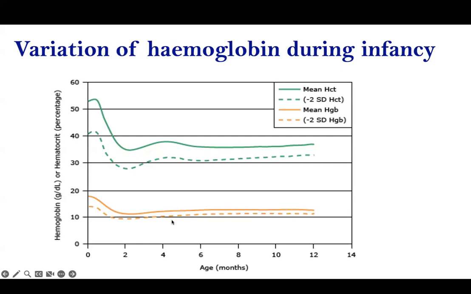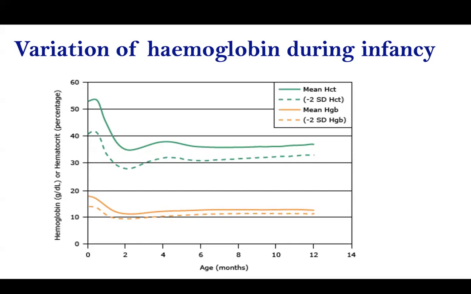The highest hemoglobin at any age is seen on day 1 of life. So at birth, neonates will have a normal hemoglobin between 15 to 24. So if it is less than 15, that is anemia, right? So 15 to 24 is normal.